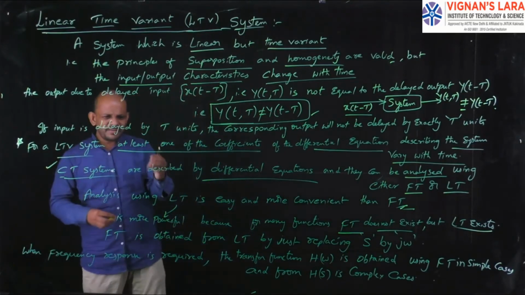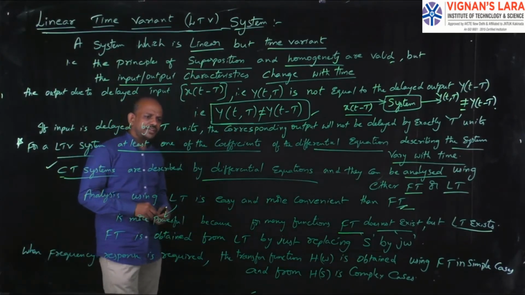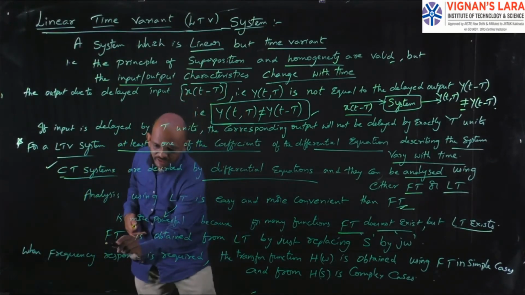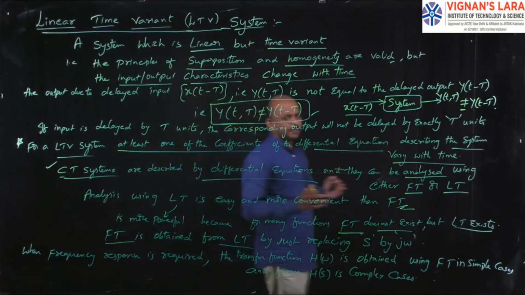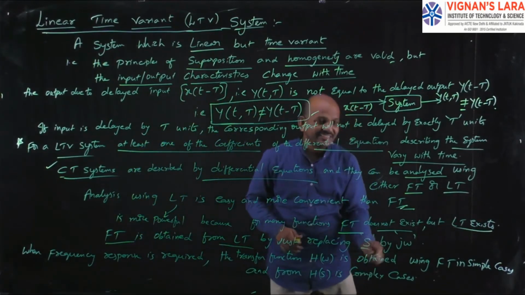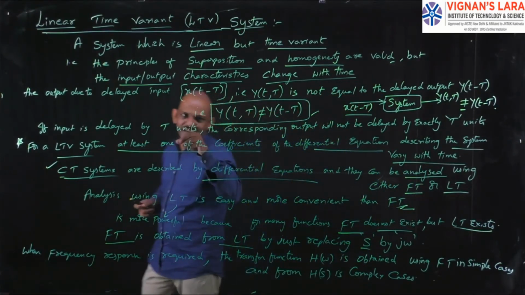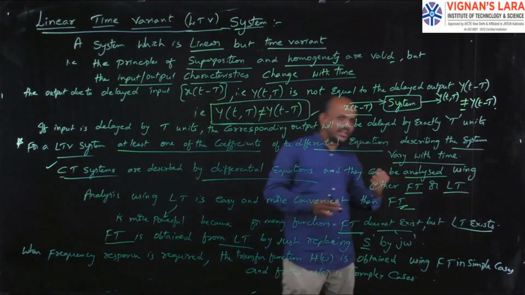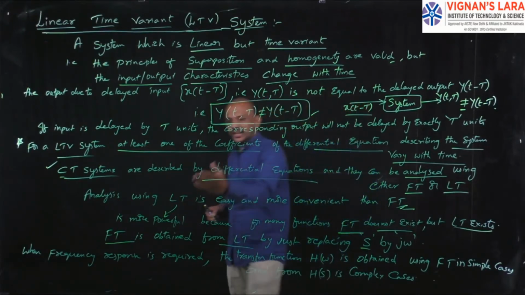Or simply, the Fourier transform can be obtained from the Laplace transform just by replacing s in the Laplace transform with j omega. If there is a Laplace transform equation and I replace s with j omega, then that gives the Fourier transform.